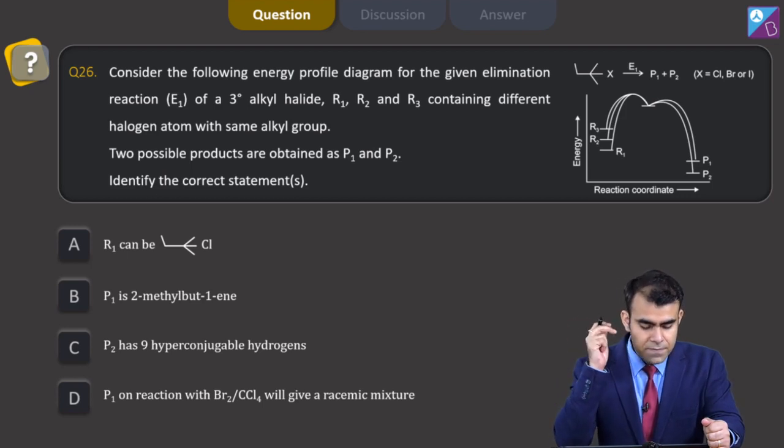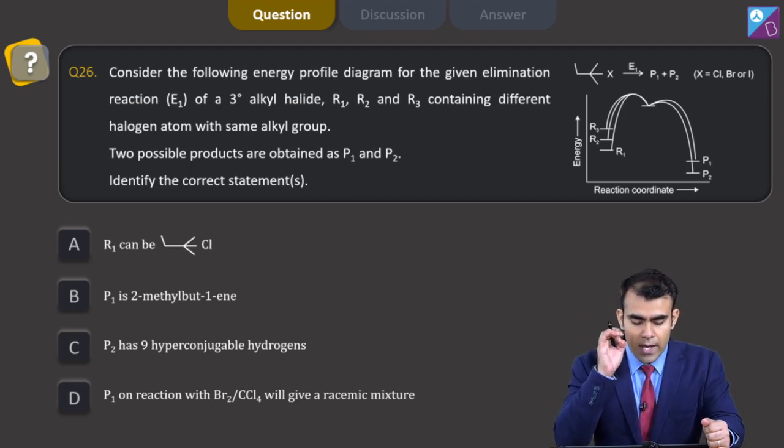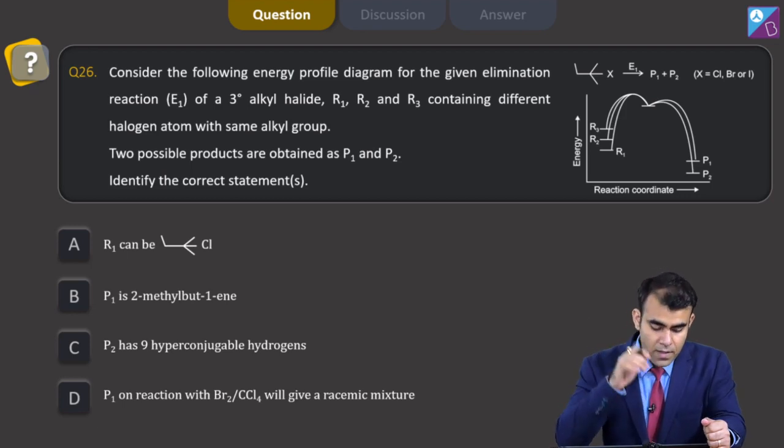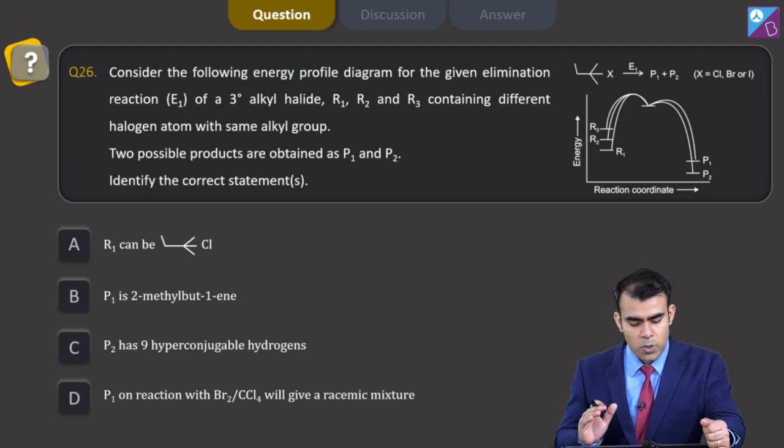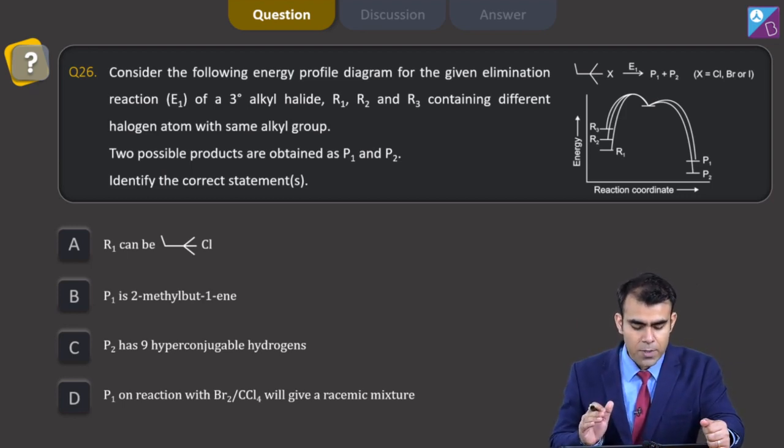Now after that, two possible products are obtained as P1 and P2 having different energies. Identify the correct statements. Now here we have been given four options. R1 can be this, P1 is 2-methylbut-1-ene, P2 has 9 hyperconjugable hydrogens, and P1 on reaction with bromine in the presence of CCl4 will give a racemic mixture.